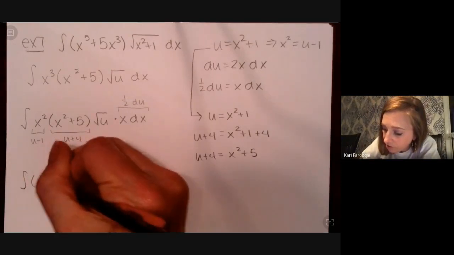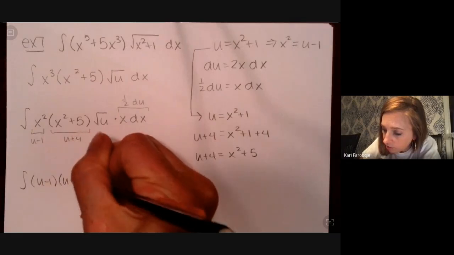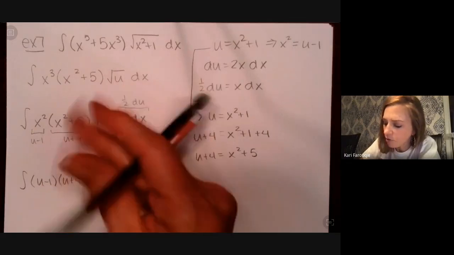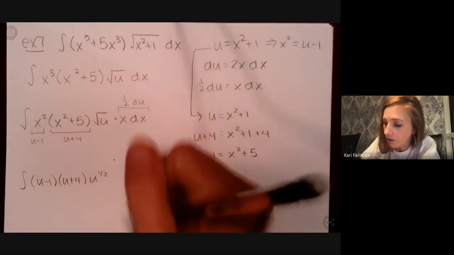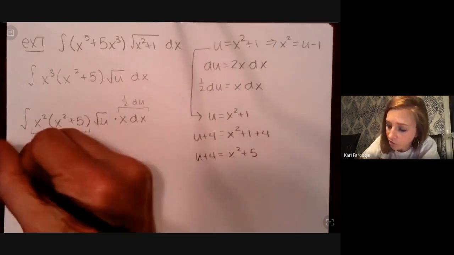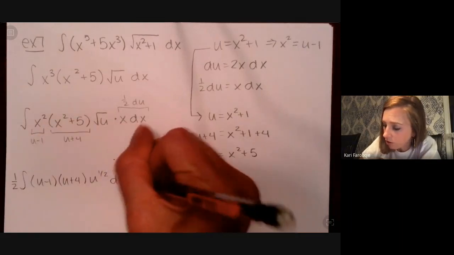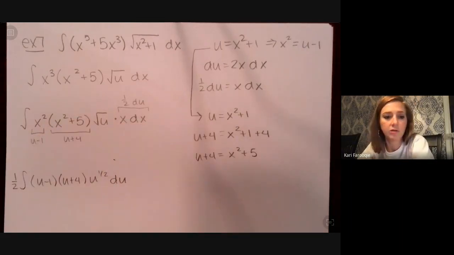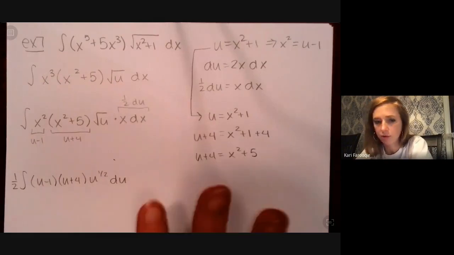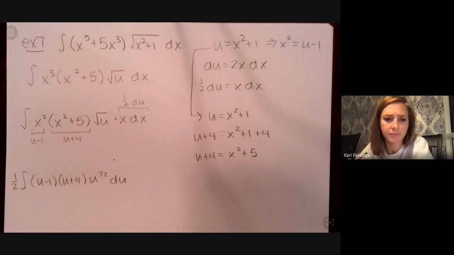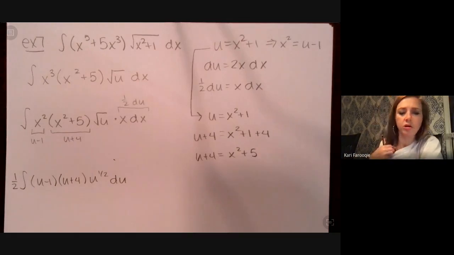But I can write this now as u minus 1 times u plus 4 times, if you want to write this as u to the half, we can go ahead and do that. And then the 1/2 du, well, I'm just going to take that 1/2 and put it out front. And then I'll pop the du onto the end. And if you need to pause this and look at it more and process it, do that, because sometimes substitution can be tricky. It's true.